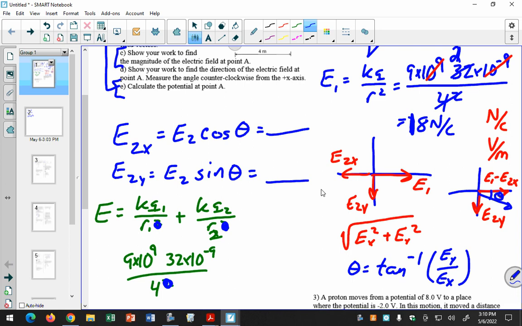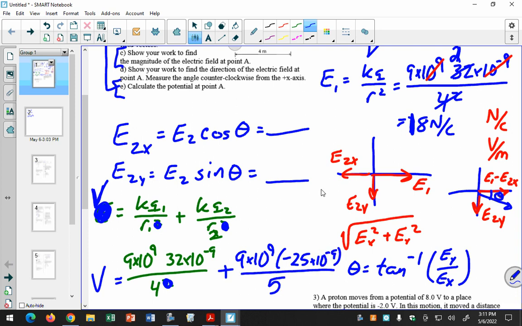KQ over R divided by 4. That's for potential. I'm sorry, this is not electric field, this is potential. So the potential plus 9 times 10 to the 9th times 25 times 10 to the minus 9, but it's negative, divided by 5. And then whatever that value is, that's your potential.